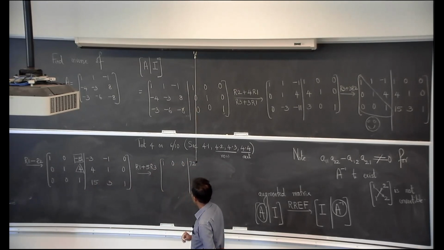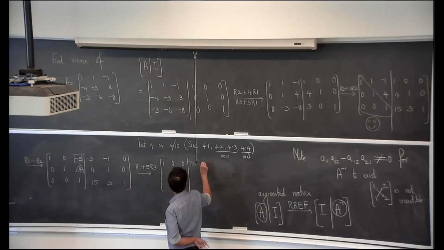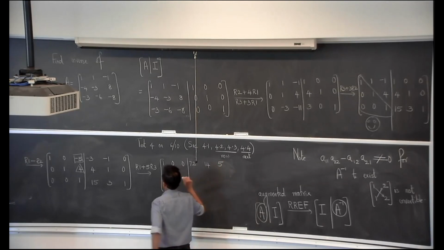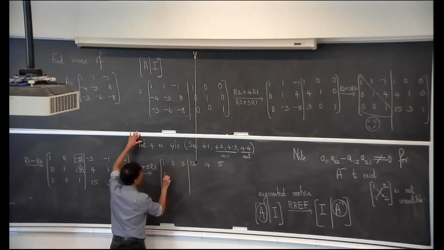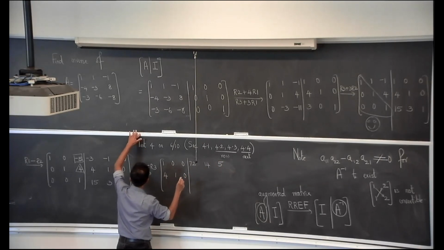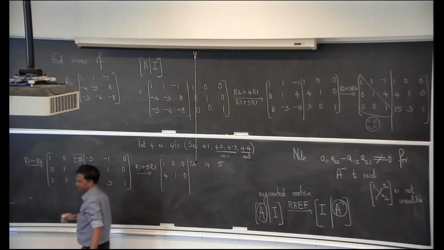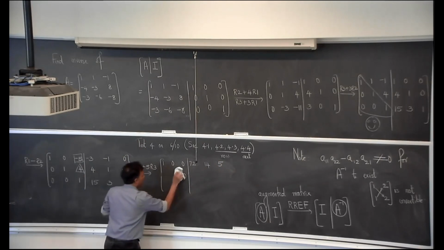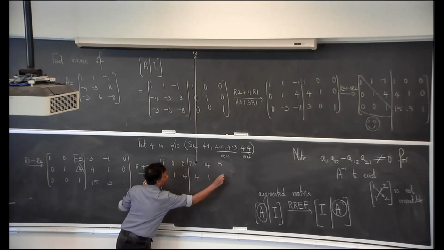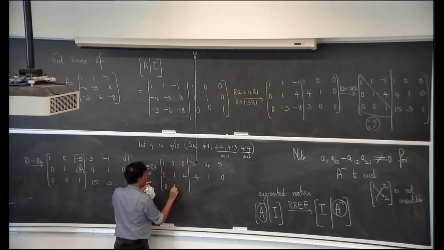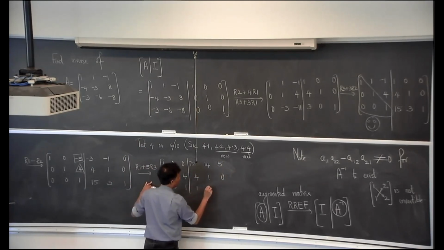Then you have negative 1 plus 15, that is 14. And so plus 5. Still 4, 1, 0. 0, 1, 4, 4, 1, 0, and 0, 0, 1, 15, 3, 1.